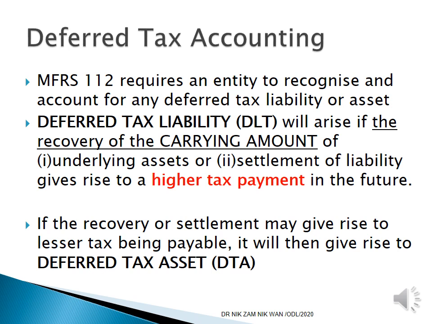Deferred tax liability will arise if the recovery of the carrying amount of the underlying asset or settlement of liability gives rise to a higher tax payment in the future. Carrying amount refers to what you have in your statement of financial position. If the recovery or settlement may give rise to a lesser tax payable, then it will give rise to a deferred tax asset.